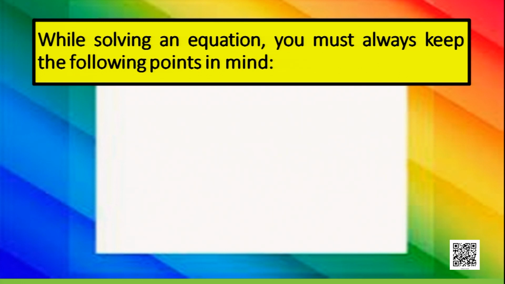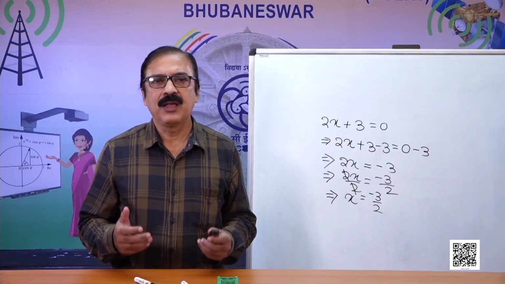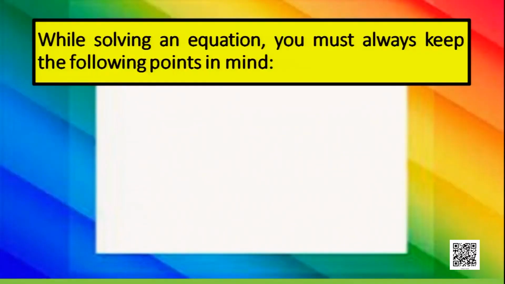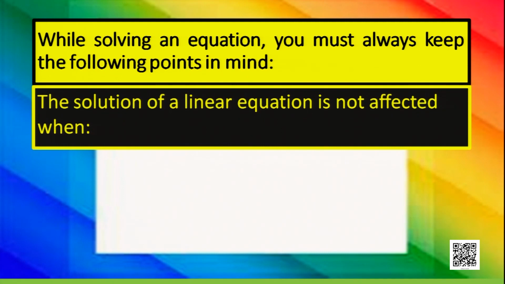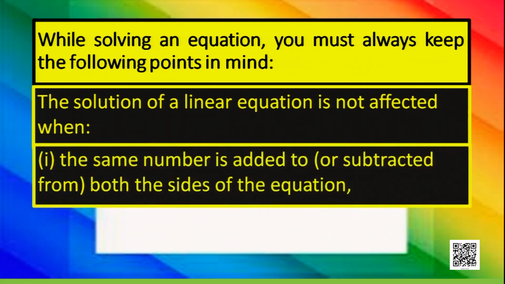Now see what to remember while solving an equation. While solving an equation, you must always keep the following points in mind. And what are the points? The solution of a linear equation is not affected when we add the same number or subtract the same number on both sides of the equation.